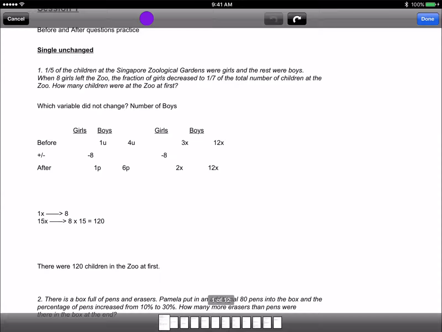Okay, so let's take a look at the question. There's a box full of pens and erasers. Pamela put in an additional 80 pens into the box, and the percentage of pens increased from 10 to 30%. So first of all, we have to ask ourselves which variable did not change. For this particular question, it is the erasers.